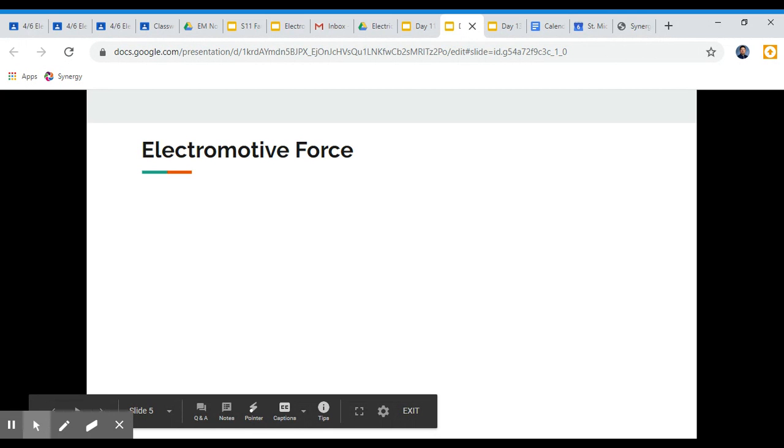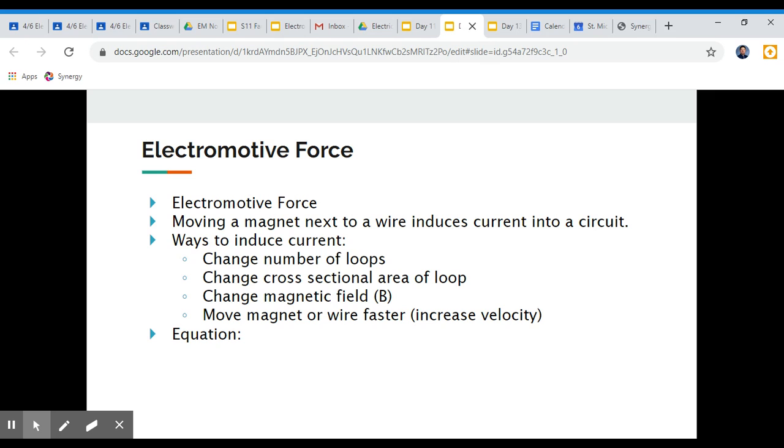All right, so take a little bit closer look at this electromotive force. If you were to take a magnet and move it next to a wire or a coil of wires, it is going to induce current into the circuit.